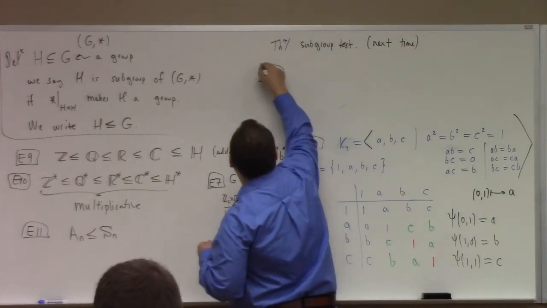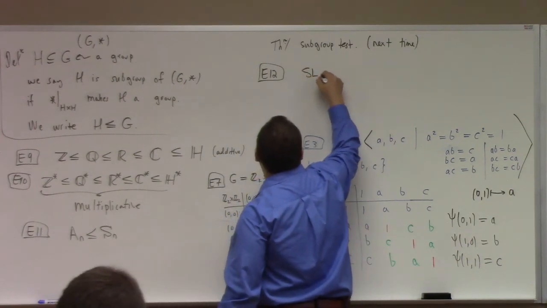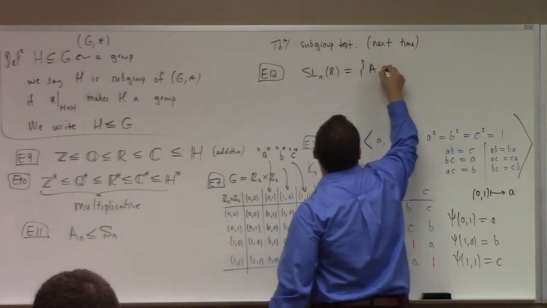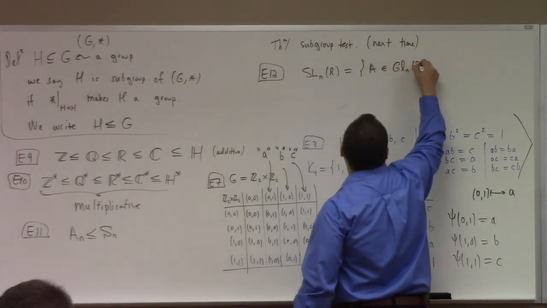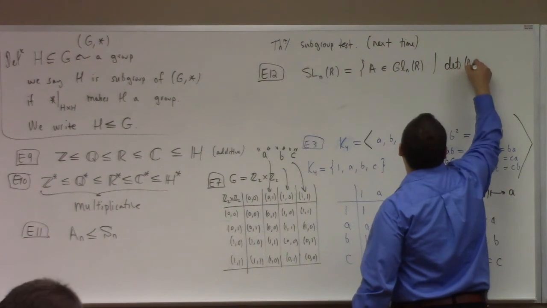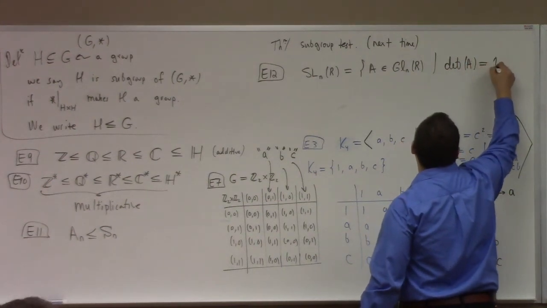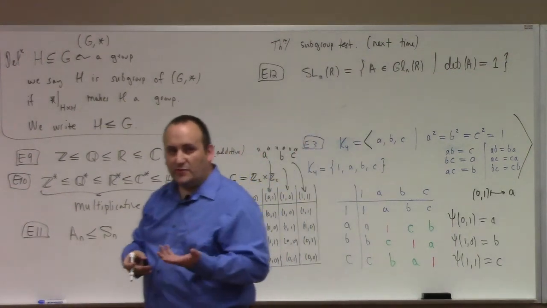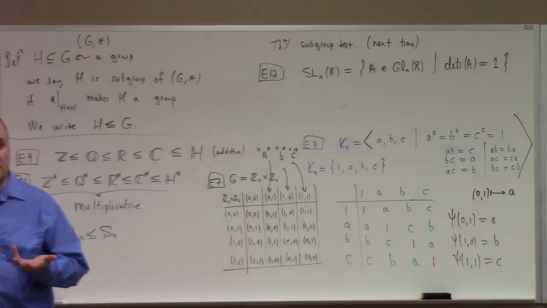Example 12, we can define SL_n(R) to be the set of A in GL_n(R) such that the determinant of A is equal to 1. This, in fact, forms a subgroup of the example 1 I did today. Why?